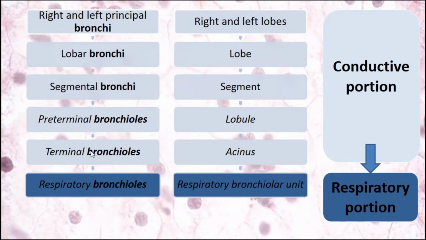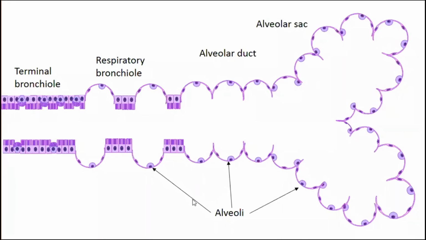So all these structures belong to the conductive portion, and now we are going to the respiratory portion. What is the difference, first of all, between the conductive and respiratory portion? Here we can see the conductive portion, a terminal bronchiole. It has continuous ciliated epithelium, and this region is close to cuboid. And at some moment in the wall of the bronchiole, some bubble-like structures appear, and they are called alveoli.